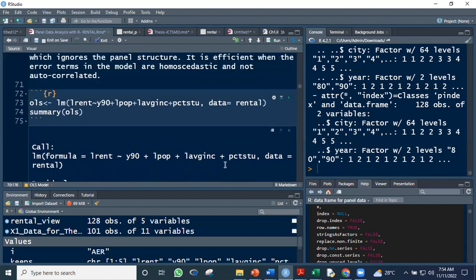Okay, so we can just use the LM method, and we can just use the rental data set, which is a data frame. Okay, since we're just using the ordinary least squares and treating this as a cross-sectional data. So take note, we're treating this as a cross-sectional data, and we're not going to utilize the panel data component.